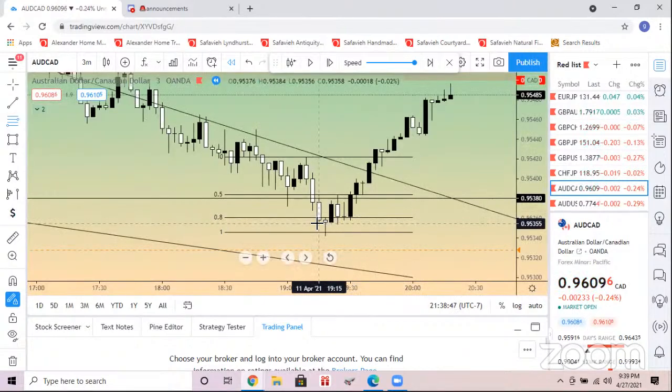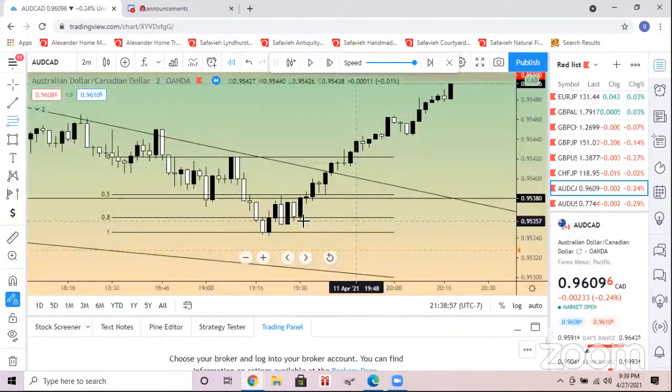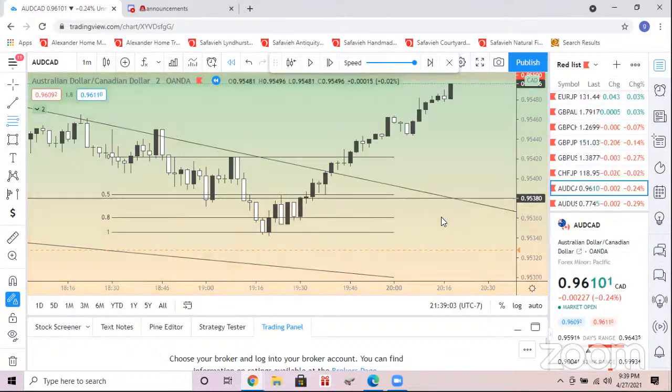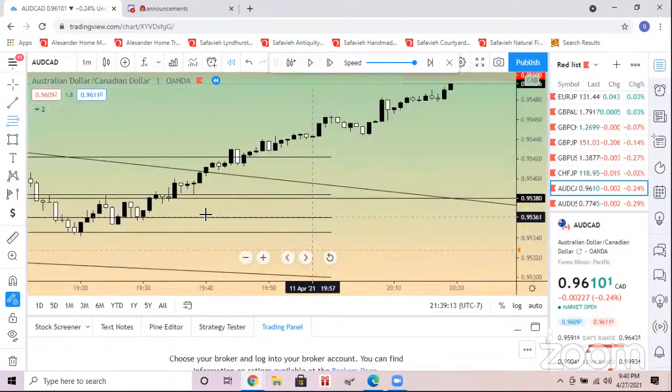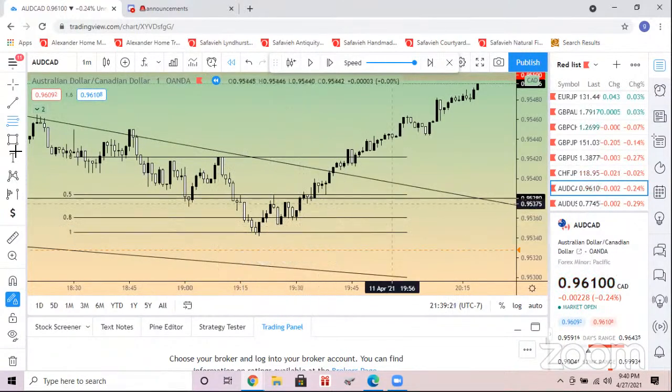Nothing there. The open of this 3 is like right below the 80. I'll take it. Or was it the 2? The 2. Yeah, so might be taking a 50 on this one.